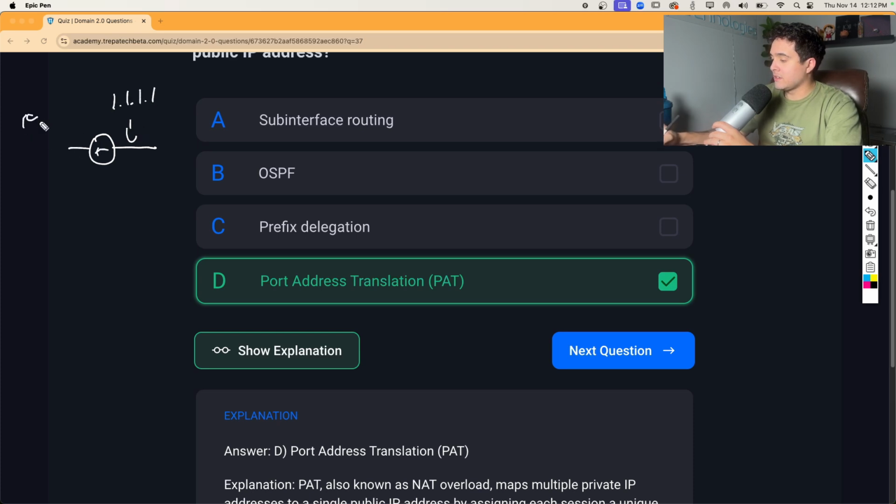On this side, 10.0.0.0/24. And let's say we have this IP, 10.0.0.10, that's destined to 4.3.2.1, another public IP, and let's say it's accessing this via port 80. It's a web server.